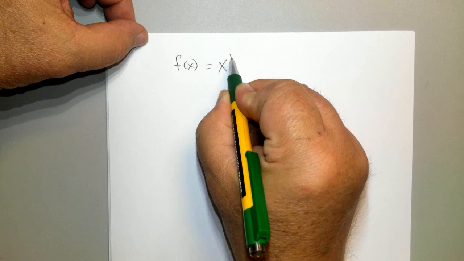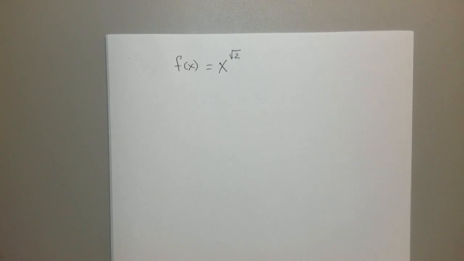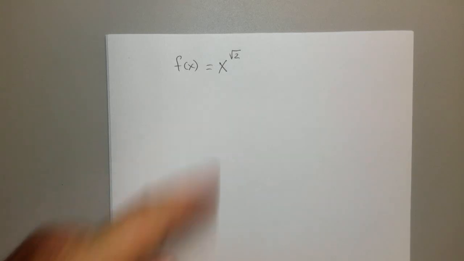x to the power radical 2. Exponents could be any value, any real number, which means it could be rational, irrational, it could be anything.